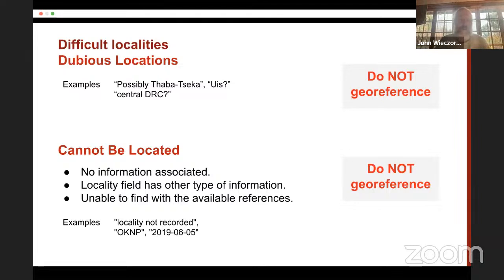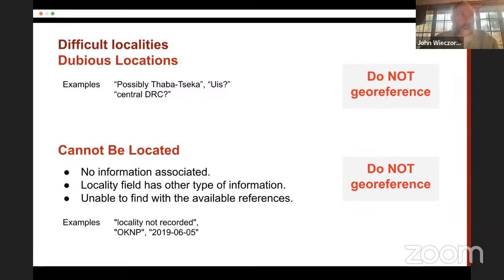We've got nothing to go on. Sometimes we have a locality field, but it's filled with a date. The wrong information is there, and so it's basically a similar situation. We have no location information to go on. We can't georeference it.